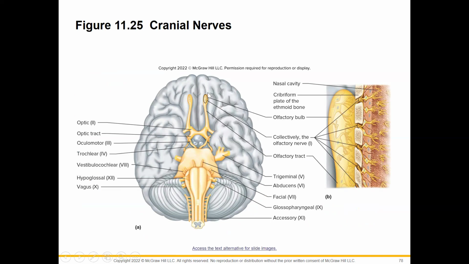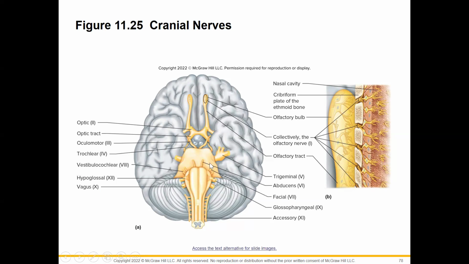Optic nerve, I'm sorry, this is the olfactory nerve. Olfactory nerve is cranial nerve 1. This is part of the optic nerve. So it is the cut end of the optic nerve, cranial nerve 2. All the rest of the cranial nerves, you'll see them coming out on the sides or in between these structures.